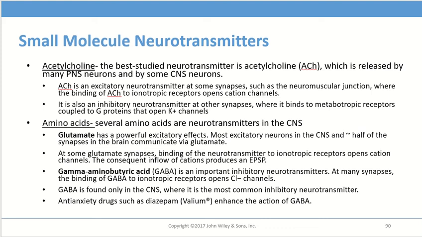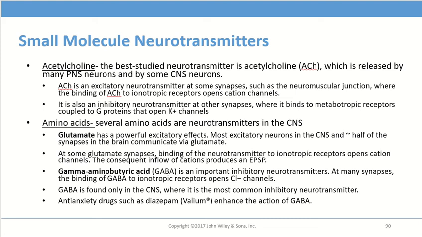Our next group of neurotransmitters in the small molecule neurotransmitter category would be amino acids. So several of the amino acids that are in the body do act as neurotransmitters in the central nervous system. Things like glutamate are going to have a powerful excitatory effect.